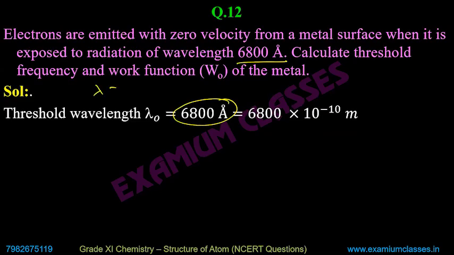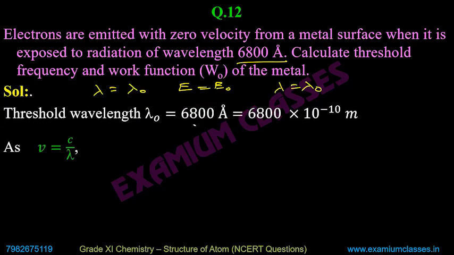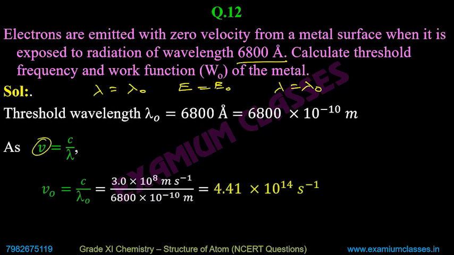So lambda is actually lambda naught. E is equal to E naught, lambda is equal to lambda naught. From here, you will calculate the threshold frequency. Threshold frequency will be c by lambda naught. Substitute the values.